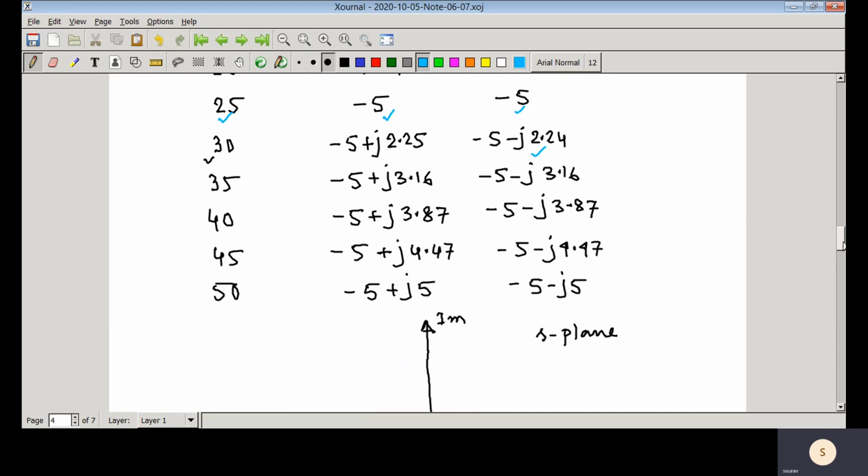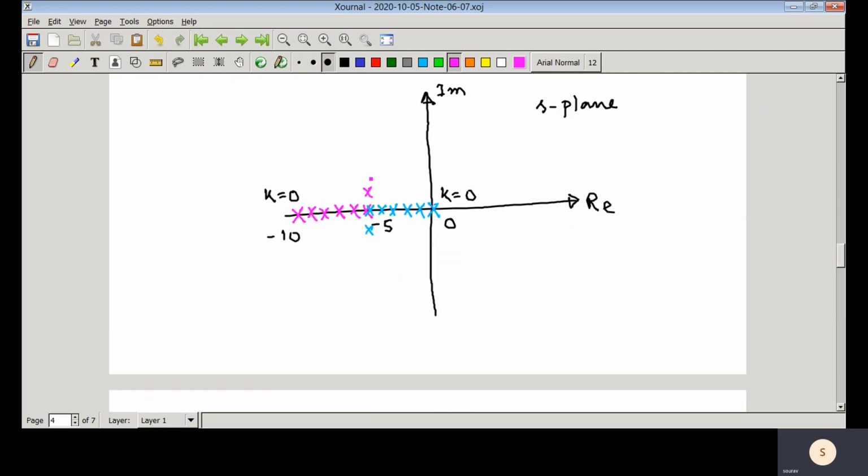And then the next one, when k equal to 35, this pole is minus 5 plus j 3.16. You can see that this value is increasing, going like that, and the other pole is going like this.